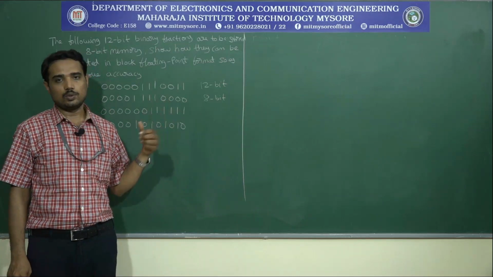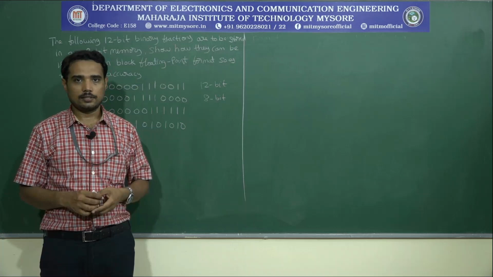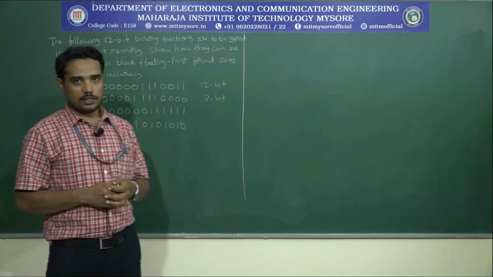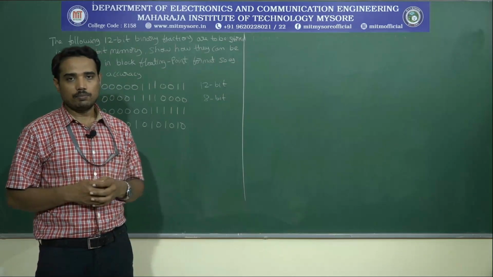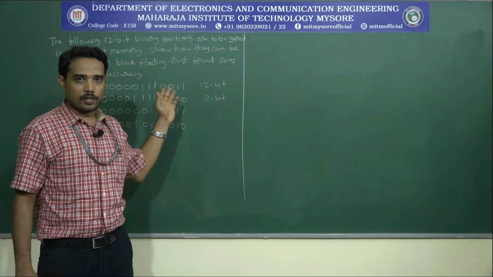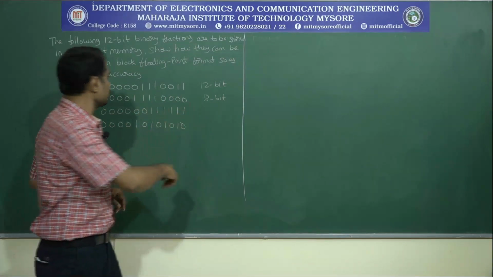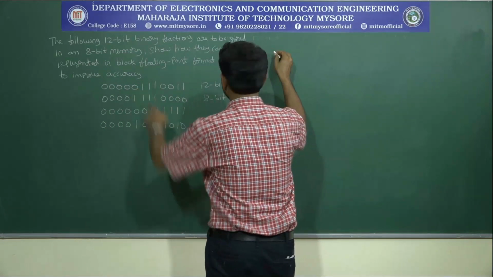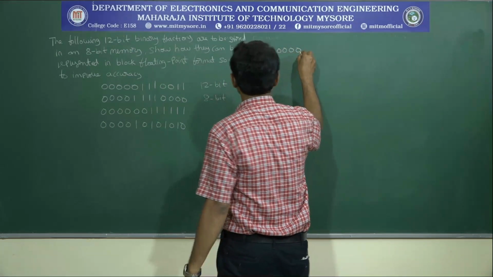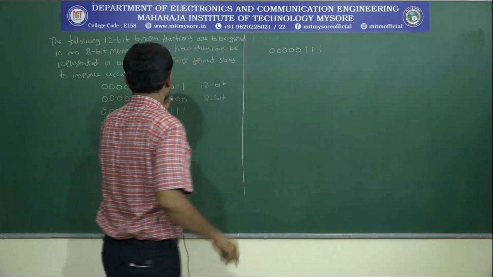In order to do so, what are the steps we have to take? That we can see in that side. First and foremost, if we straight away represent the data in terms of 8 bits, then this 12-bit data can be represented as follows. For the first data, we have to stop till here.